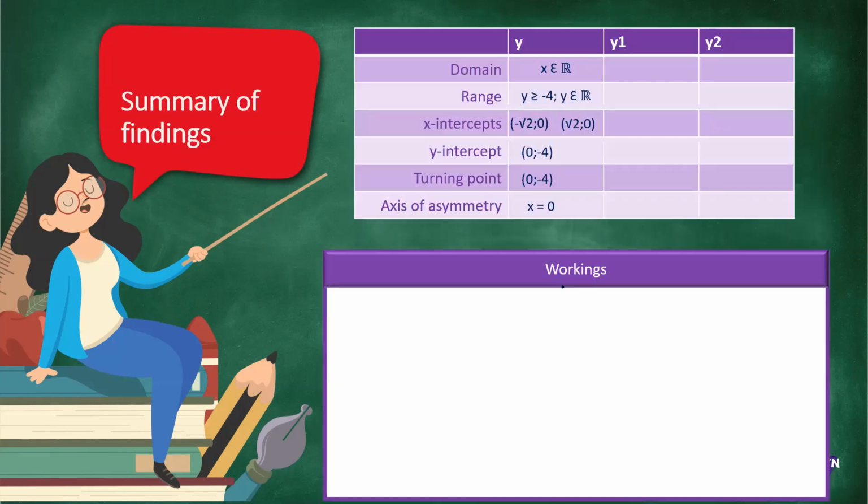So guys, this is a summary of our findings. Let's quickly complete our table. This is the original graph that we had from yesterday, and I quickly filled that in after we had done it earlier today.